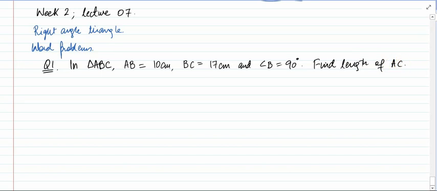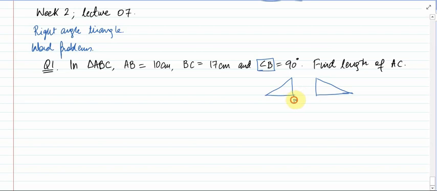So first thing, it is very good and advisable for you to plot a sketch of this triangle, right? Now it may be like this, it may be like this, so it does not matter, both are correct, but the important part is that B is at 90 degrees.